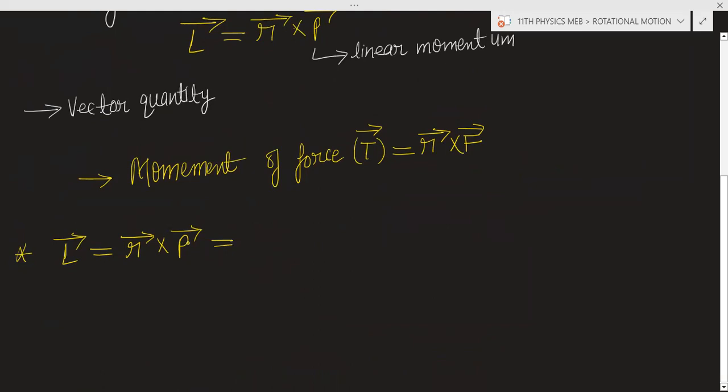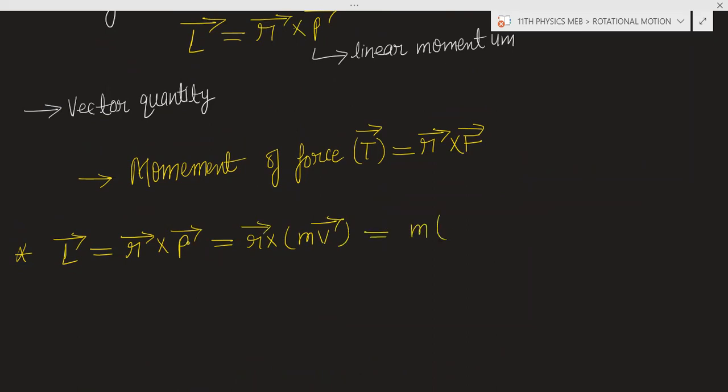So it will become R cross M into V vector. Okay, R vector cross M into V vector. So finally you can write it as M R vector cross V vector.